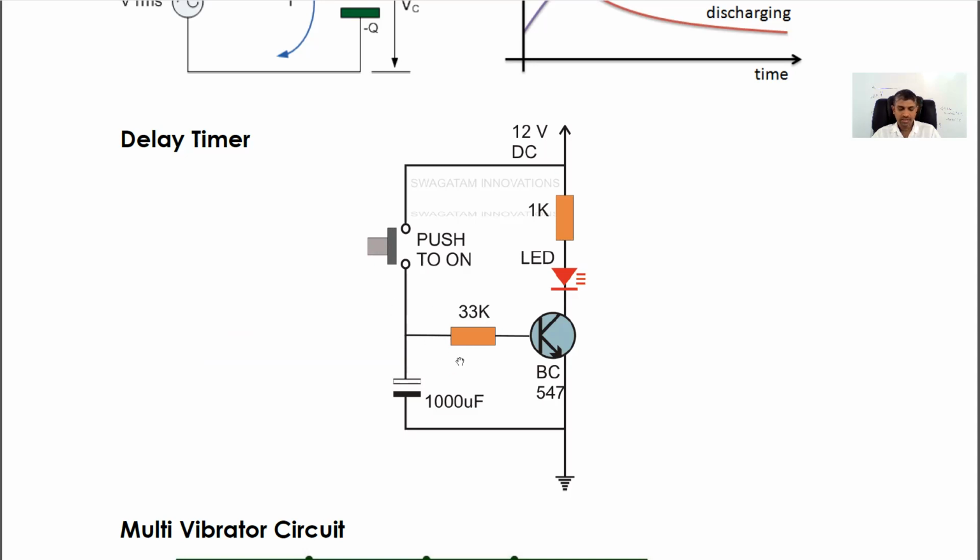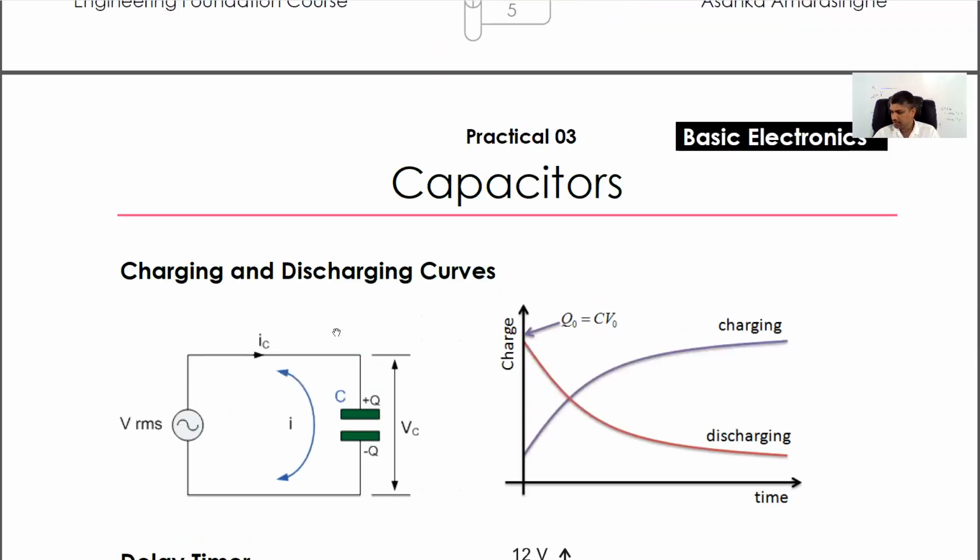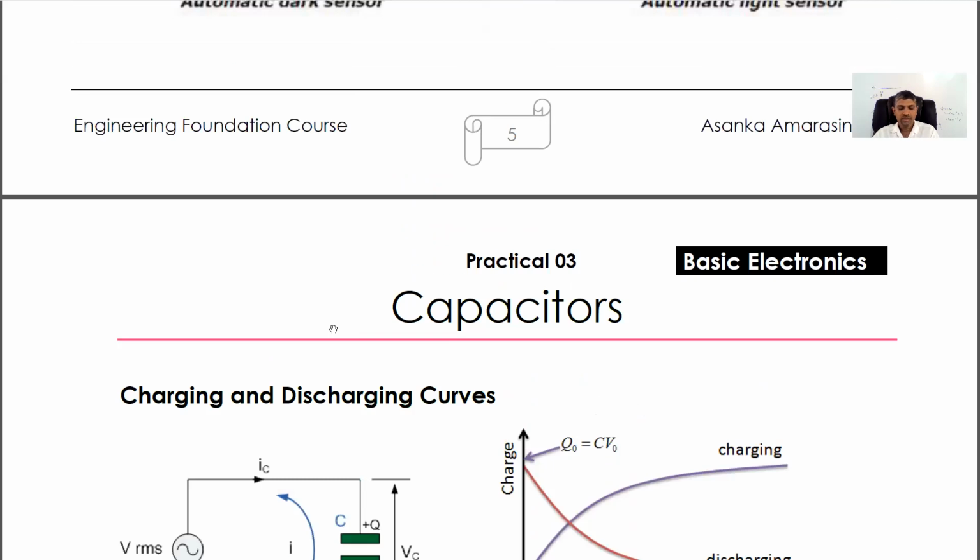Then the advantage is that the discharging happens through the resistor. Therefore, there will be current limiting. That's why this is so. Anyway, if you connect the capacitor directly to the base terminal without going through this resistor, it is also fine. Right? Okay, so that is the first practice circuit of practical number 3.